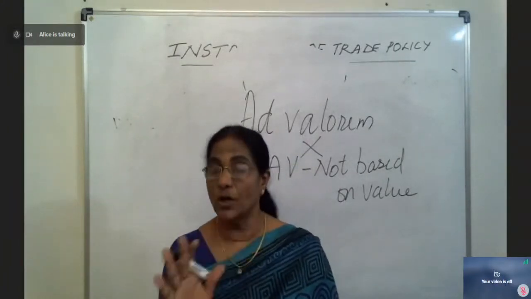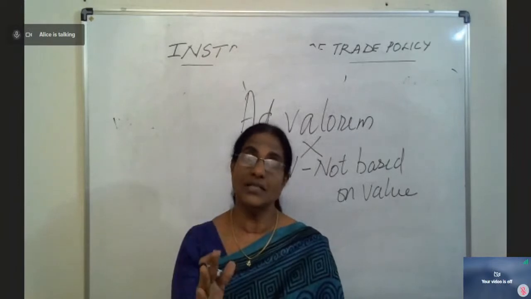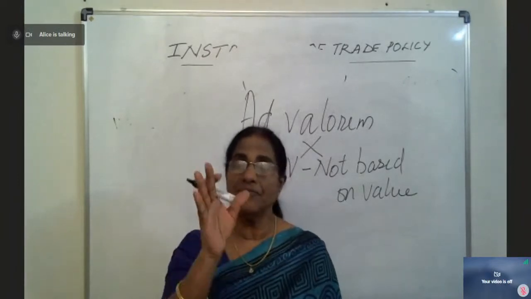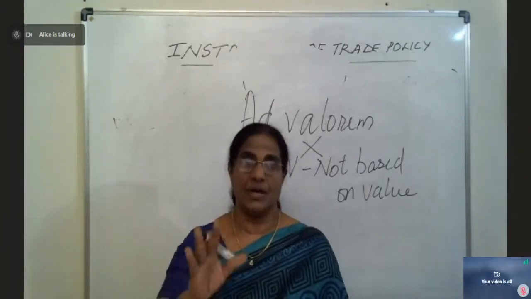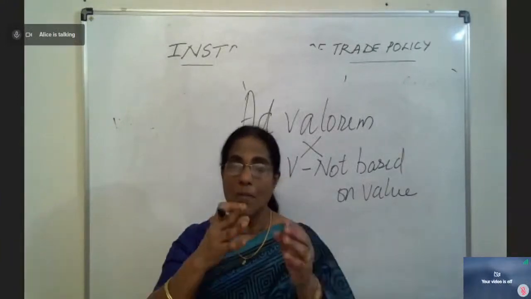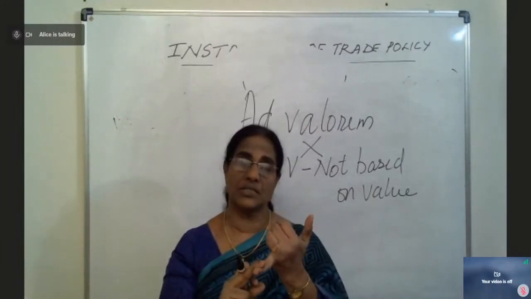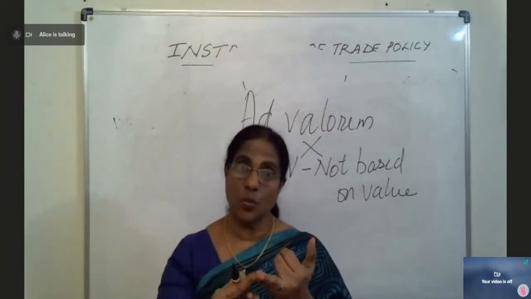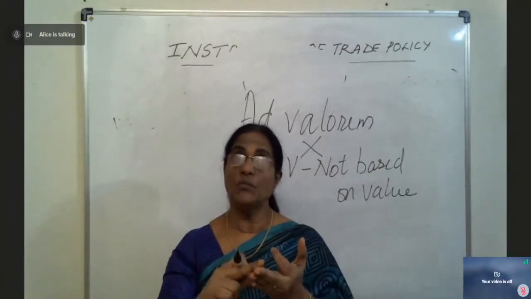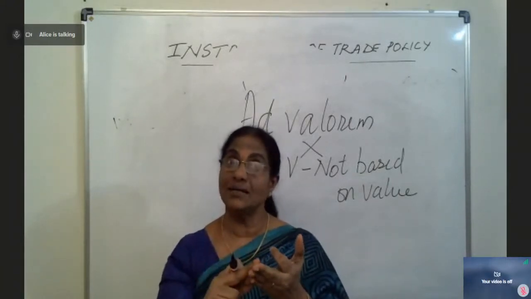These definitions, you cannot change the definitions. Monetary tax per physical unit. Physical unit, that is, you count in terms of numbers, or measure in terms of weight, volume, liters, gallon.